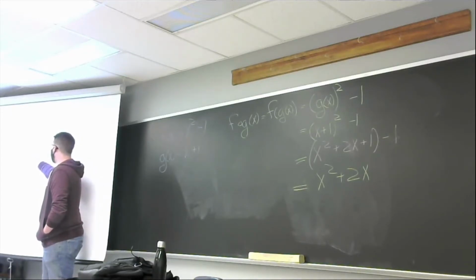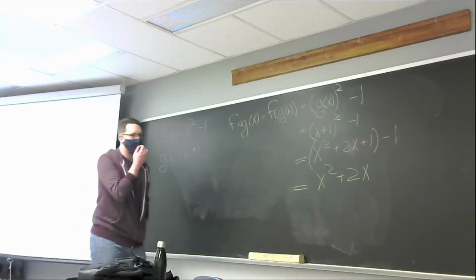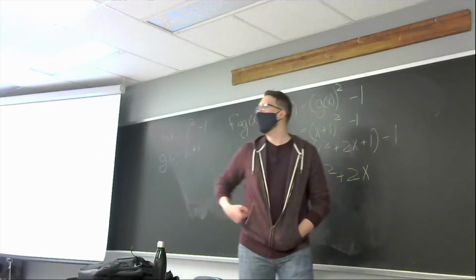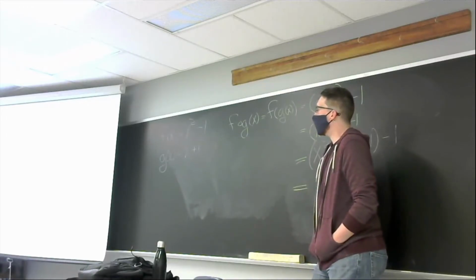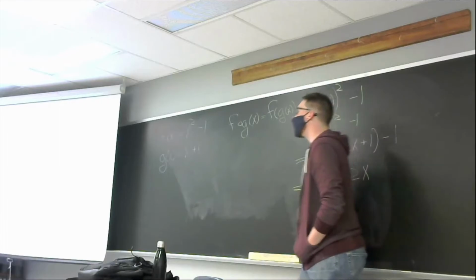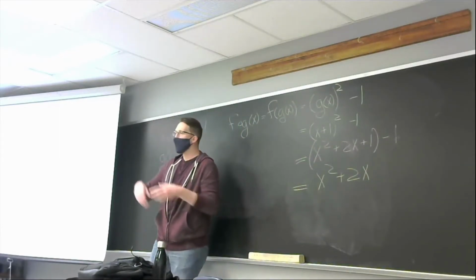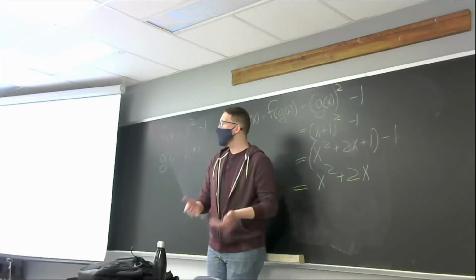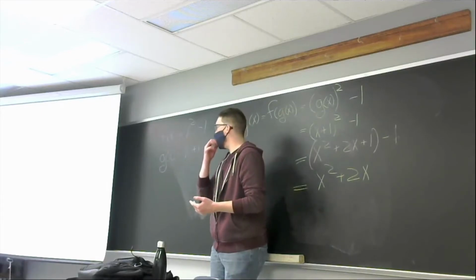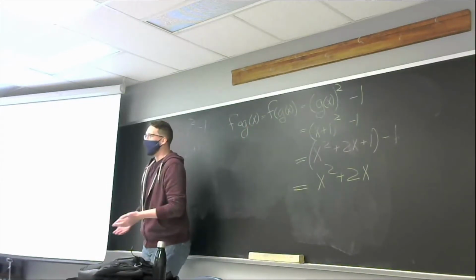If you knew just f of x, the reflection in that mirror would give you f inverse. And this makes sense, because what f is doing is saying, let's take an x and go to y. What f inverse is doing is saying, let's take a y and get back to x.